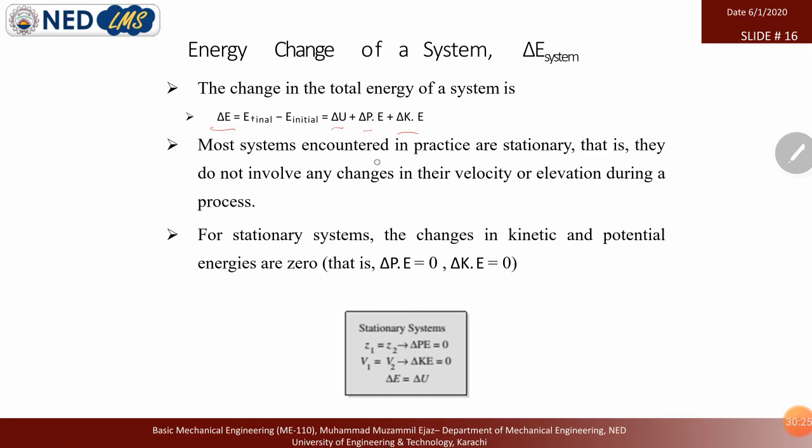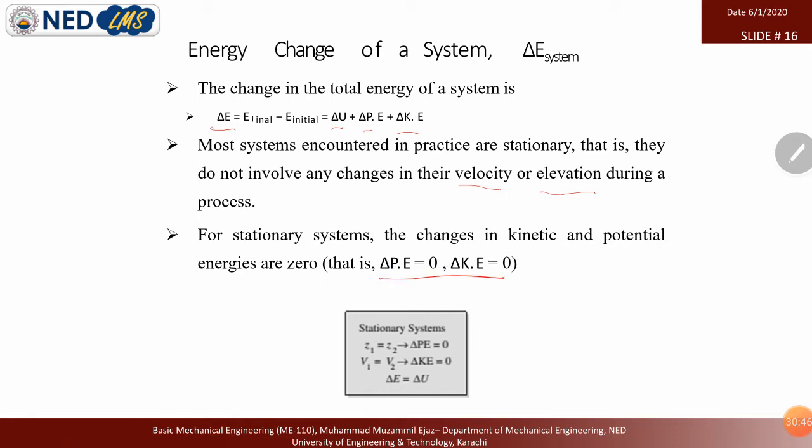Most systems encountered in practice are stationary, that is, they do not involve any change in their velocity or elevation. For elevation we can point to the potential energy, and for velocity the kinetic energy. For a stationary system, the changes in the kinetic and potential energy will be zero.